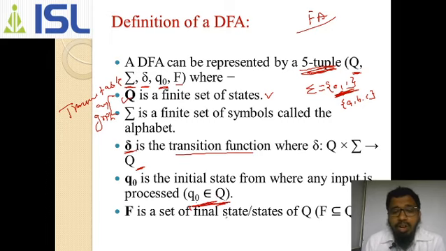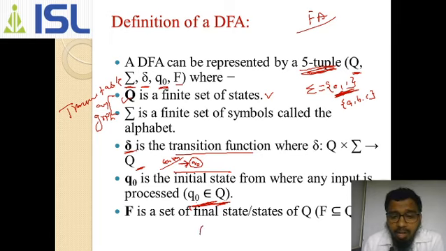F is a set of final states, a subset of Q. How do we represent the initial state? The initial state is a circle, called a state, with a single arrow coming in.